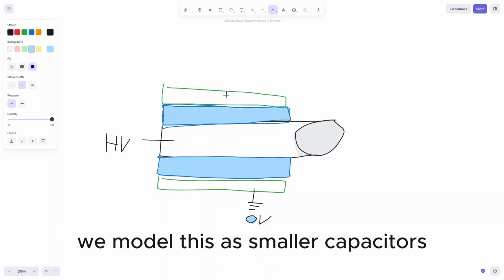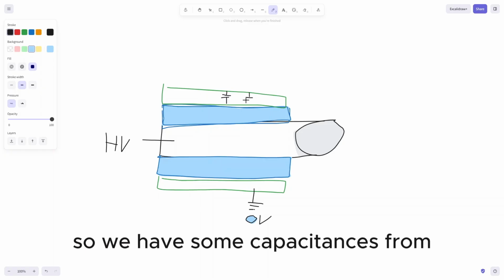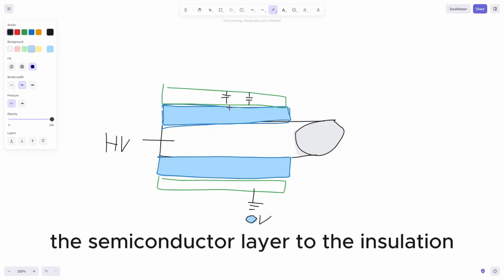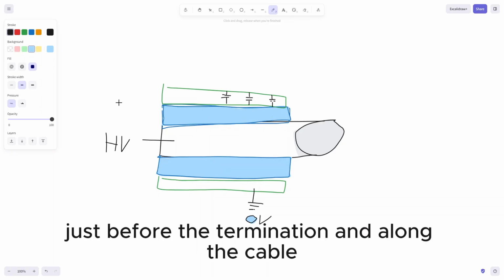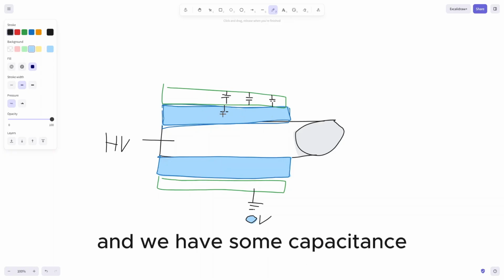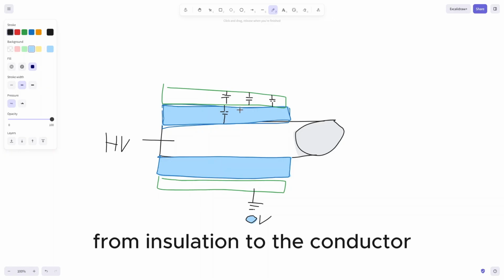And when we model this as smaller capacitors, we have some capacitance from the semicon layer to the insulation, along the termination here, just before the termination, and along the cable. And we have some capacitance from insulation to the conductor.